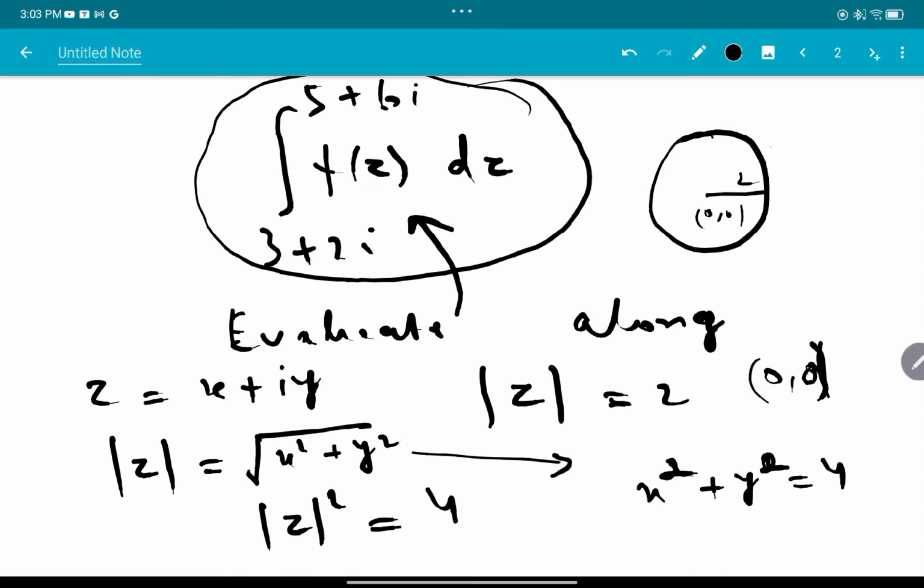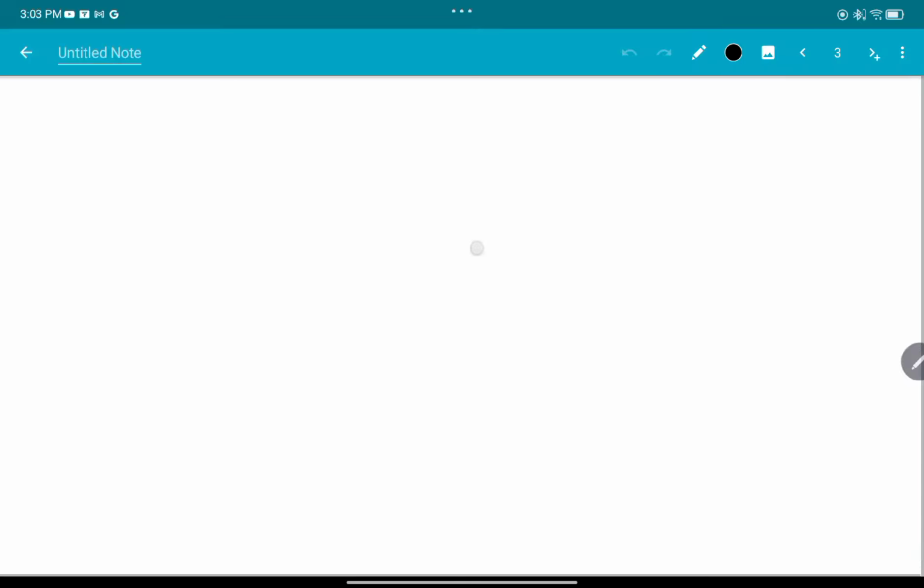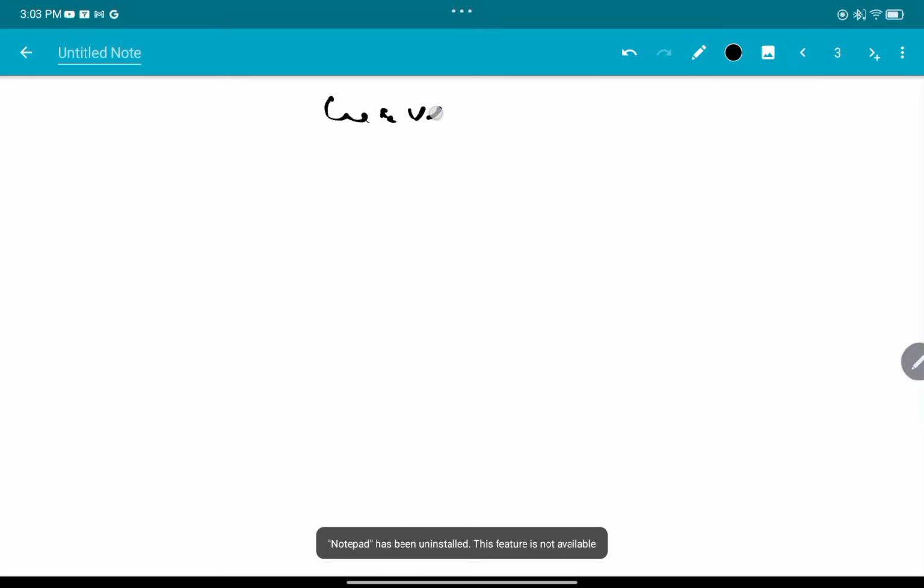Now, since path is important, paths can be of a number of types. A path is usually called a curve, in general a two-dimensional curve. This curve can be of two types.